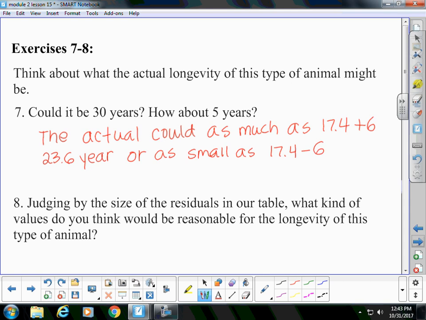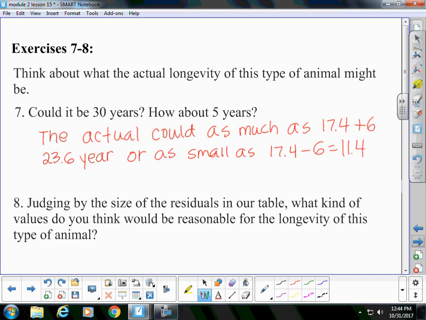When you find out what the error can be, that tells you from now on, when you work with anything that has to do with this equation, that this is all the error that it's going to have. See, 17.4 minus 6 is 11.4.